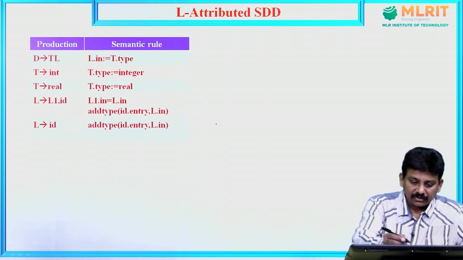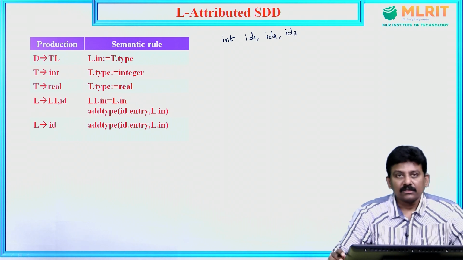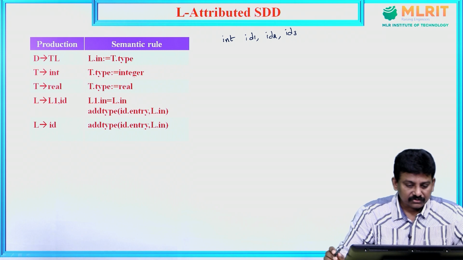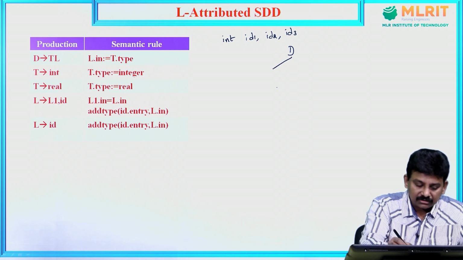For example, we will take the type declaration int identifier1 comma identifier2 comma identifier3. For this, first we need to construct the parse tree. Derivation always begins with the start symbol, that is D. D derives TL.